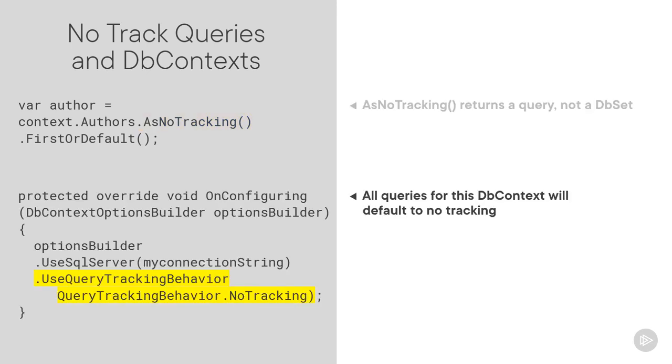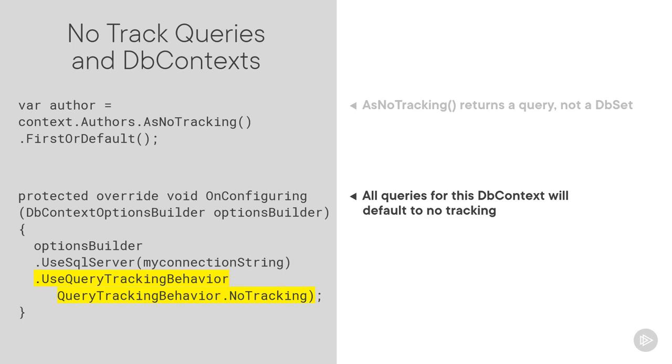The other way is one that can be applied to a DbContext to ensure that by default, any query executed by that context doesn't track. You can configure the DbContext tracking behavior in the OnConfiguring method where we've already applied the UseSqlServer method. Another one of the options builder methods is UseQueryTrackingBehavior, and that can be set to one of the QueryTrackingBehavior enums.